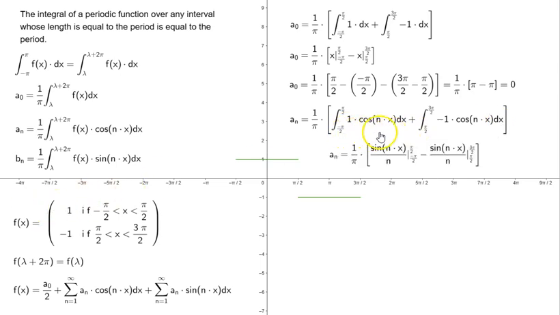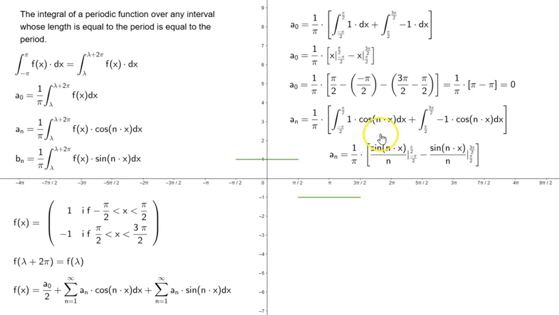Remember, integration by parts we have to do. When we differentiate 1, it will differentiate to 0, right? So the first term will be u as it is, integral of cos nx, which is sin nx by n.